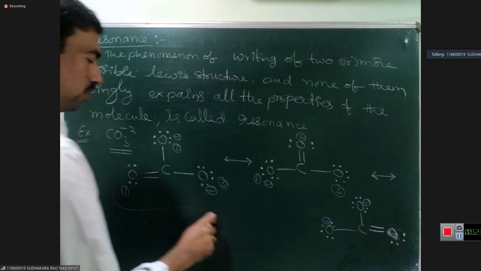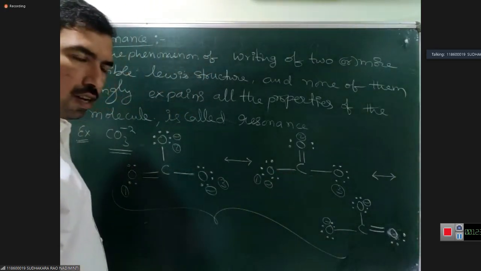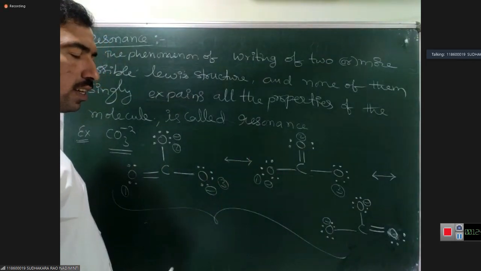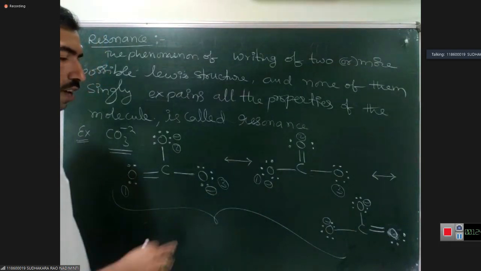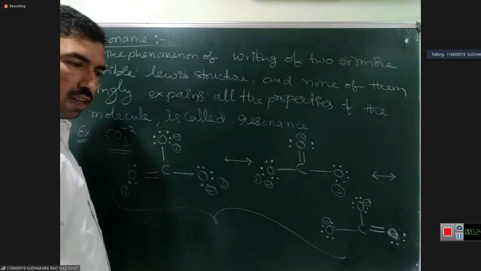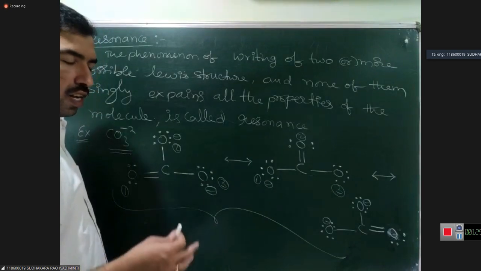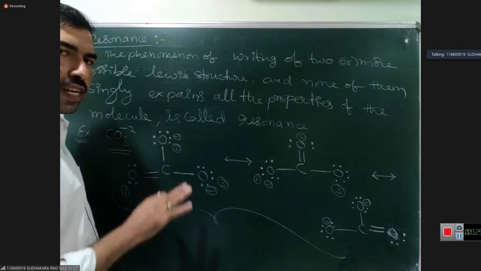If you are able to write 2 or more structures, then the molecule is said to exhibit what phenomenon? Resonance. Considering only one structure alone is wrong.